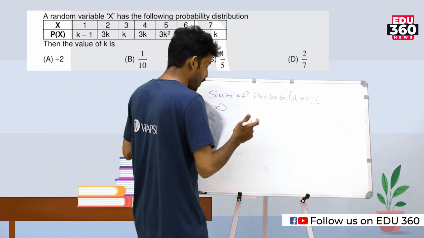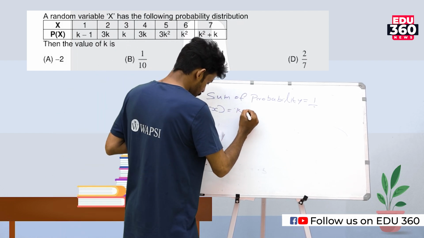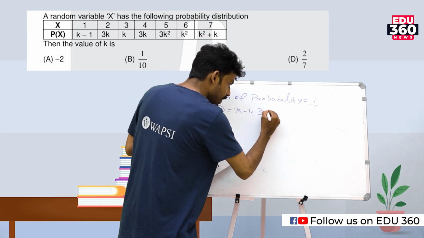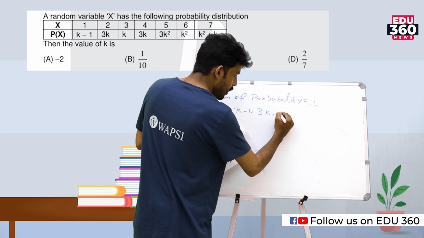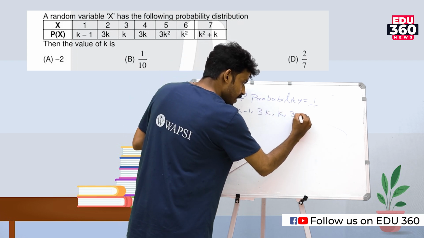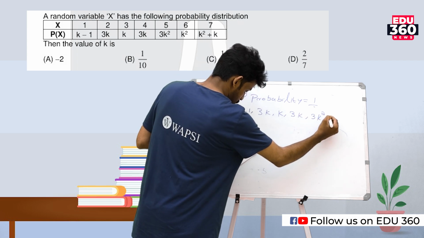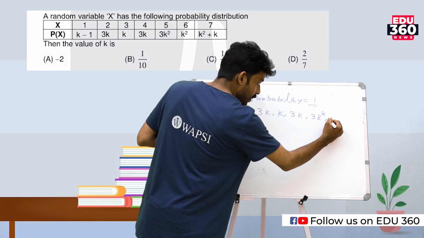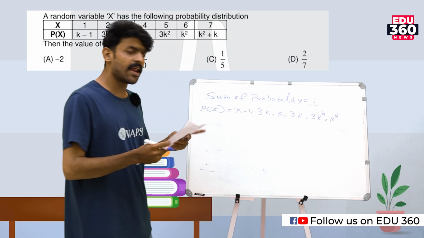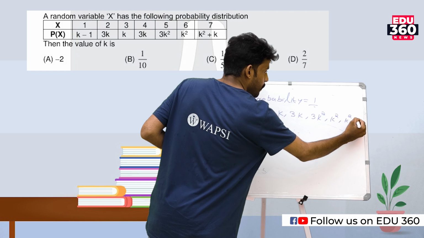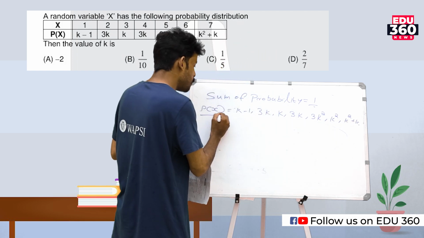So p of x is k minus 1, the second one is 3k, the third one is k, the fourth one is 3k, and after that it is 3k square, and again k square, and the last one is k square plus k.